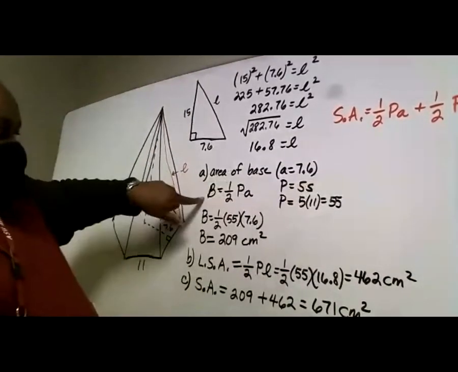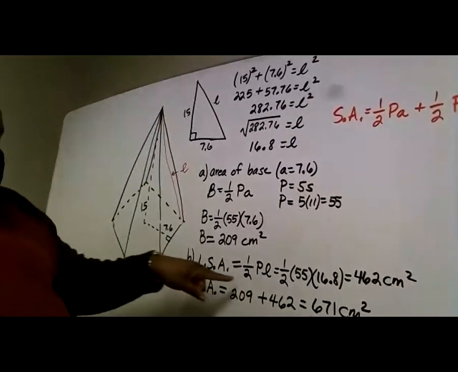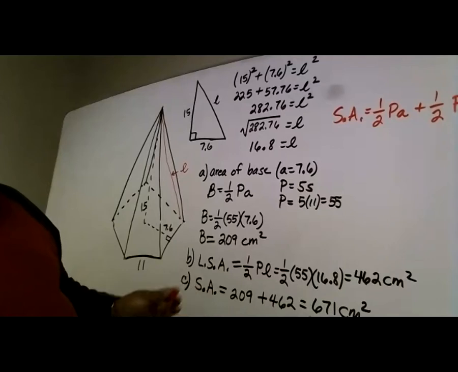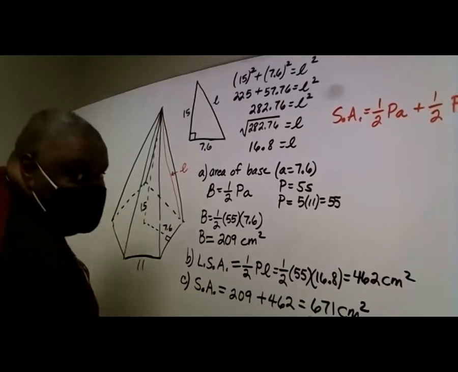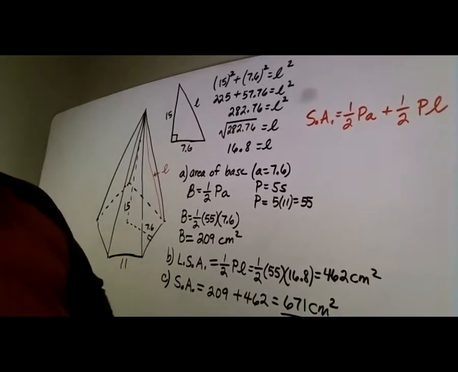This is from part A, and that 1/2 PL, P times L, that came from part B. All you do there is just add those two together. All right, any other questions?